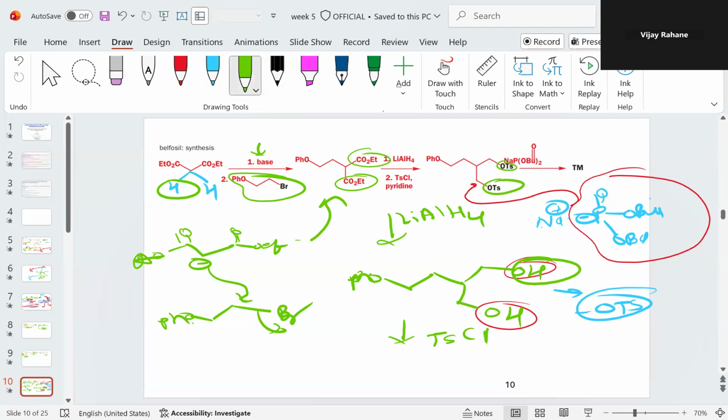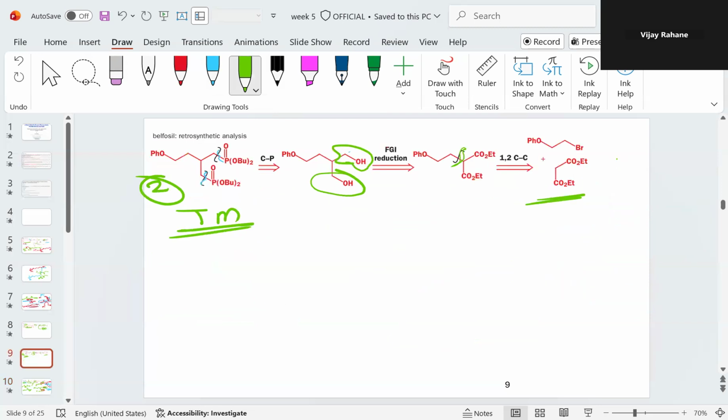This tosylate group is now a good leaving group, and when we add this nucleophile, the P negative directly attacks this carbon, and this OTs group gets eliminated, and we get our target molecule, which was this one, right?